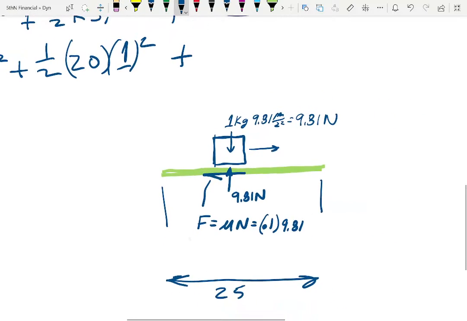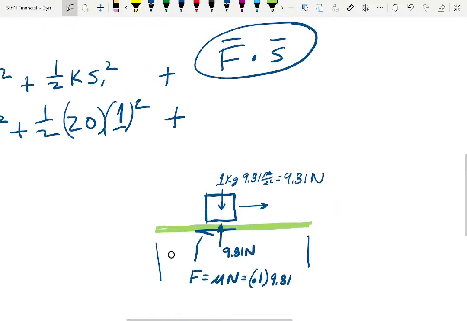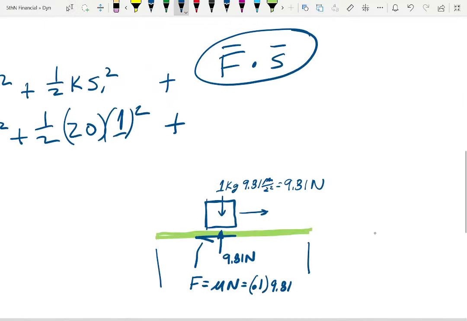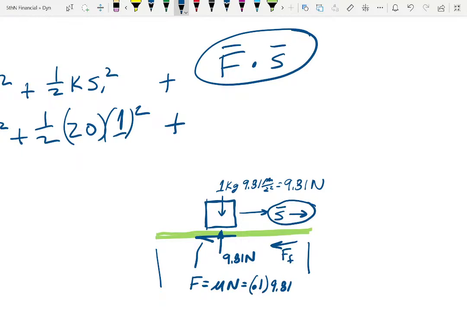But now let's look at this term. It says F dot S. So the F is going to the left. The dot S, so S is going to the right. The force, friction, is going to the left. They're going in opposite directions.